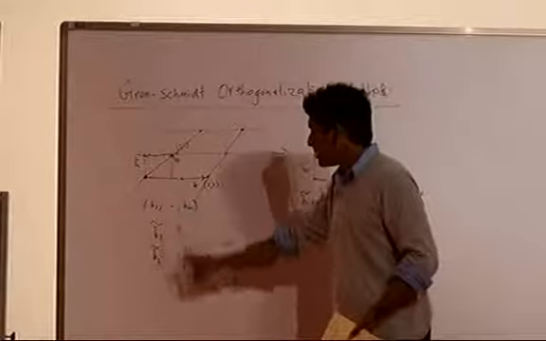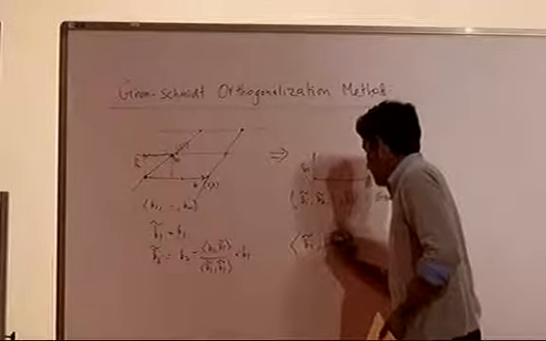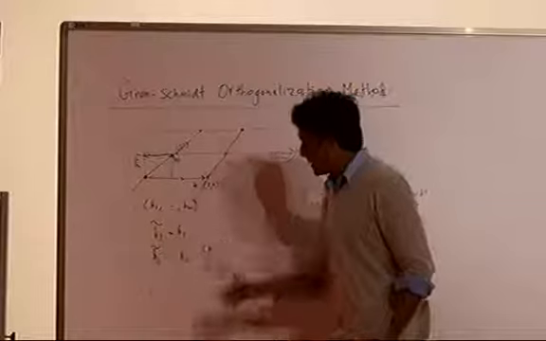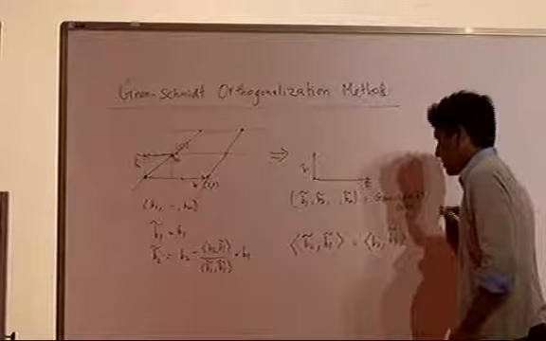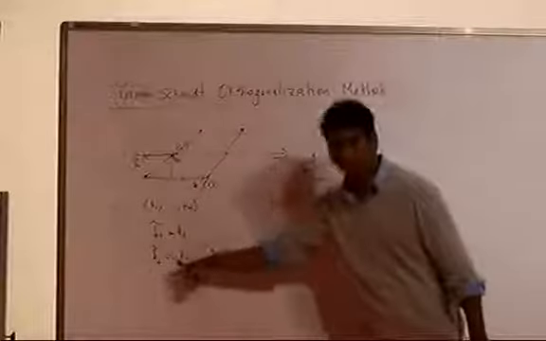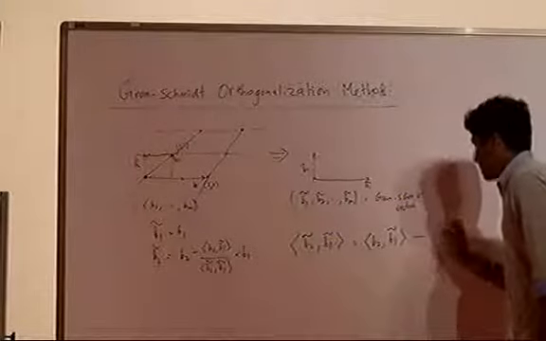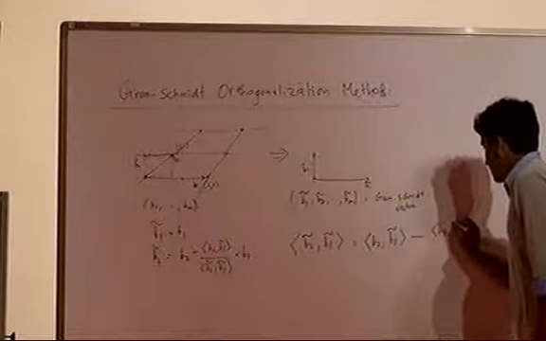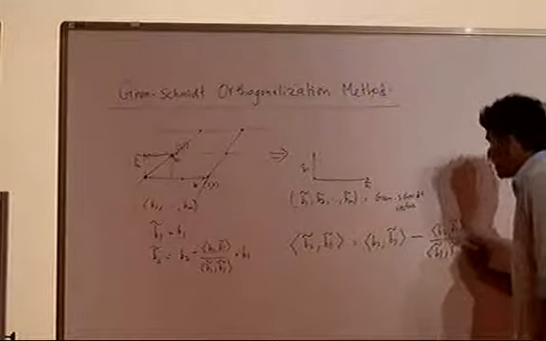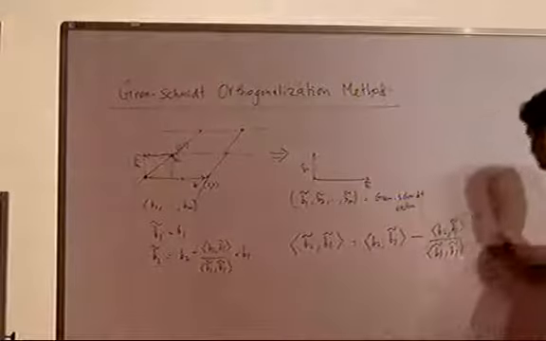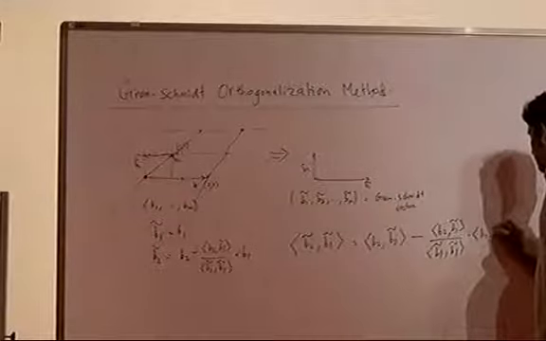Okay, so why are B1 tilde and B2 tilde orthogonal? Well, let's compute B2 tilde inner product with B1 tilde. This is equal to B2 inner product with B1 tilde, since I'm just taking this equation and taking the inner product with B1 tilde on both sides, minus B2 inner product with B1 tilde divided by B1 tilde, the same as here, times the inner product of B1 with B1 tilde.